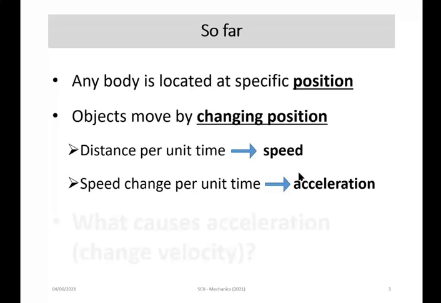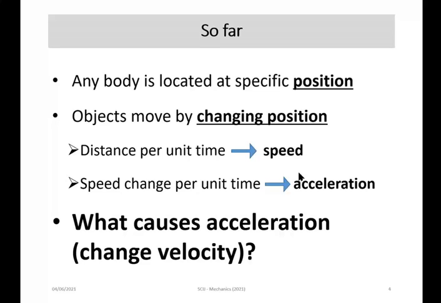So, we've been able to describe the body's position, and we also came to appreciate that if a body changes position from one point to another one, we say it has moved, and if it has moved, it must have a speed. That is, how much distance has it traveled in a unit time. We've also learned that the speed can also change with time, and that results in acceleration.